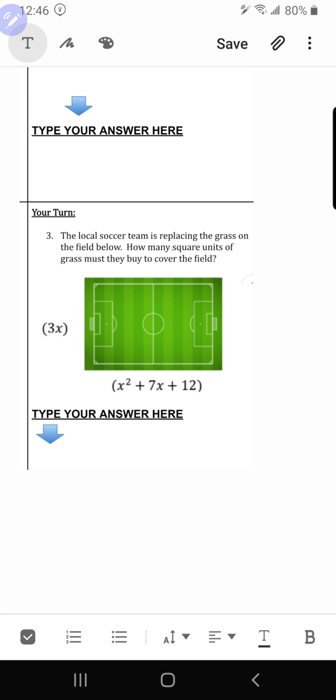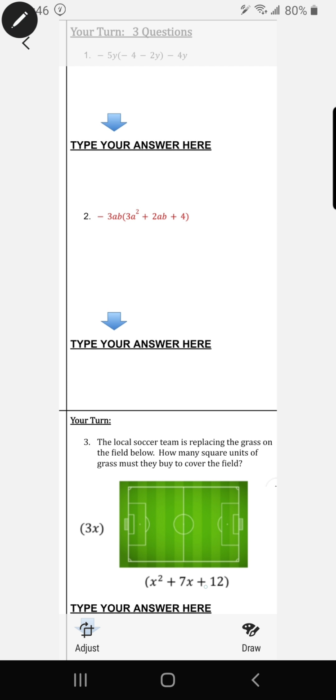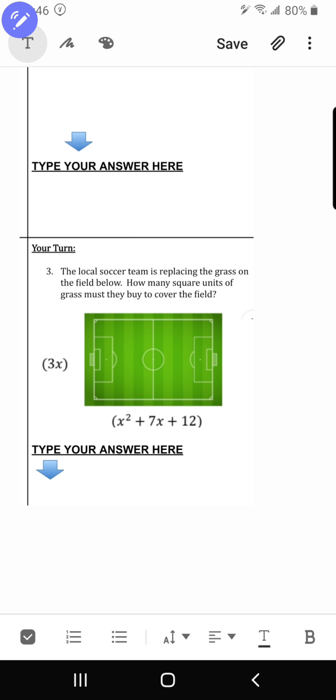How many square units of grass must they buy to cover the field? You're just finding what is the area, because the grass is the area, everything that goes inside. So what is the area of this rectangle? An area of a rectangle is length times width. So you're multiplying this monomial of 3x by this trinomial, x squared plus 7x plus 12, in order to find your answer.